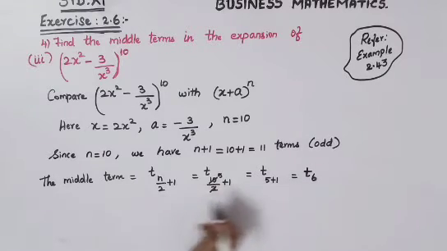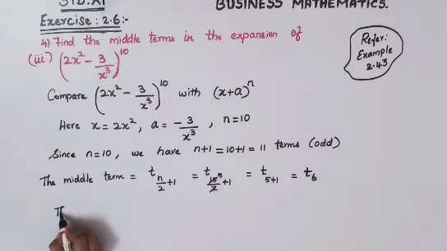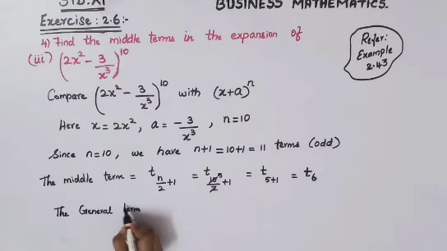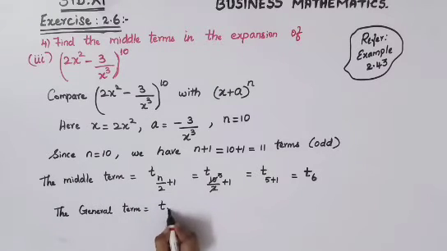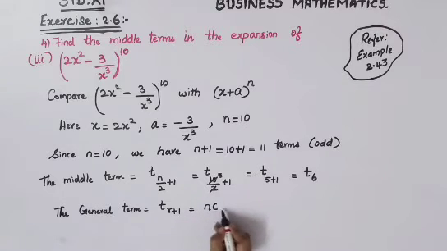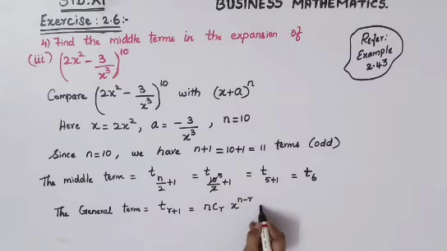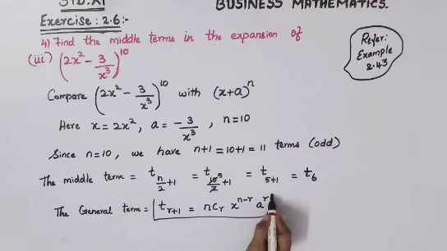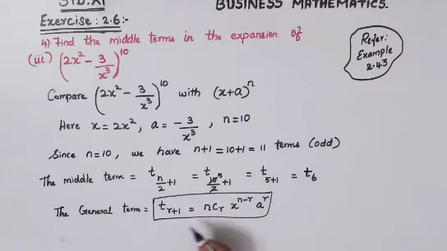To find T6, first we will write the general term. The general term formula is T r plus 1 is equal to nCr x power n minus r into a power r. Now we will have to substitute everything here.